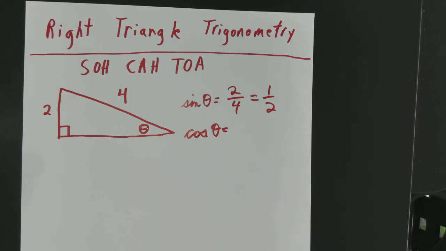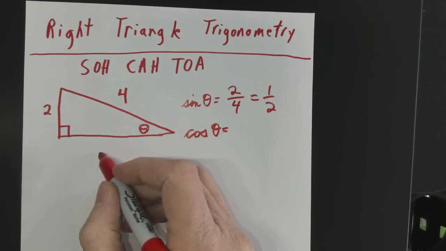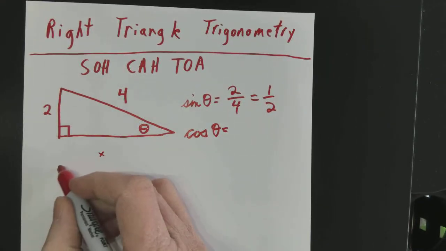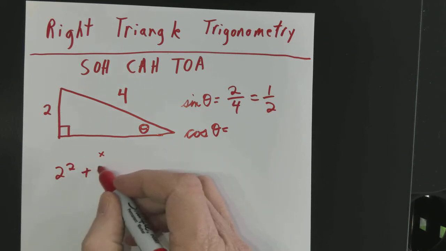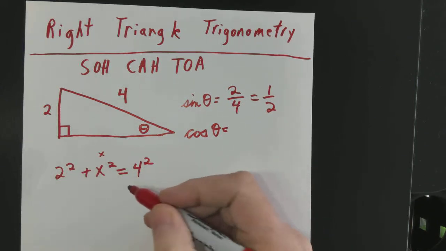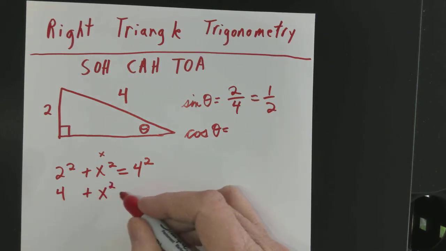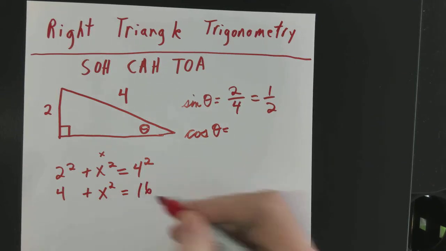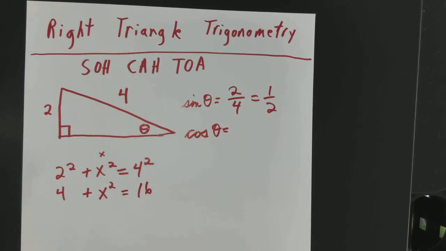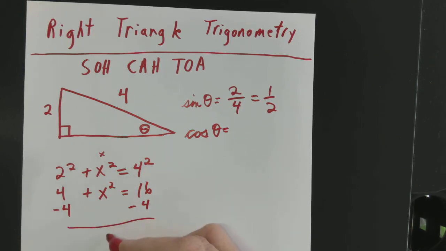Pythagorean theorem. Good. If we call this x right now, it's 2 squared plus x squared equals 4 squared, which is 4 plus x squared equals 16. I'm going to subtract 4 here. I have x squared equals 12.